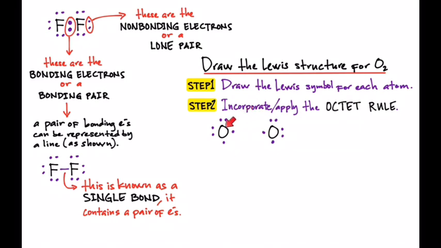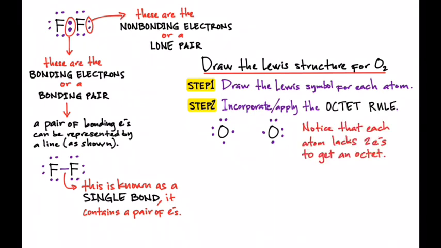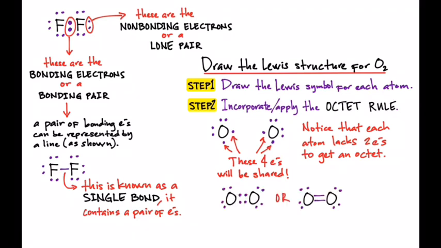So you have oxygen on the left and the second oxygen on the right. And you can see that each oxygen lacks 2 electrons because they only have 6 electrons. And so that means that all these 4 electrons here will be shared equally by the 2 oxygen atoms. And so you can combine them as shown here.